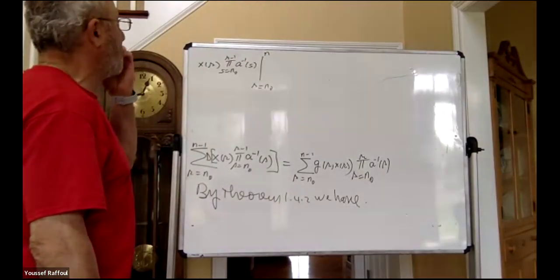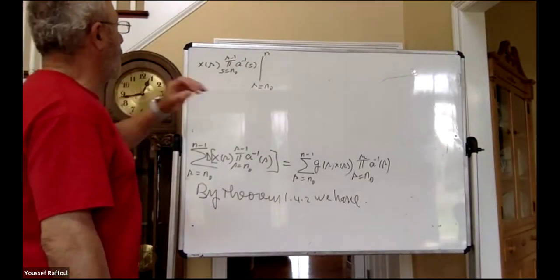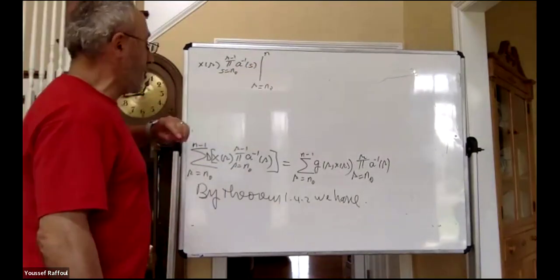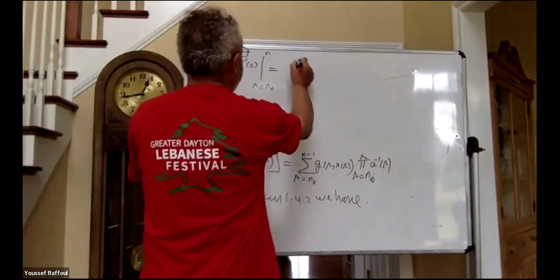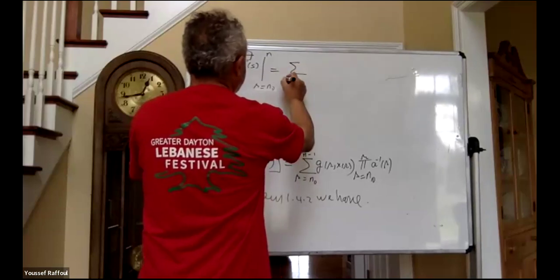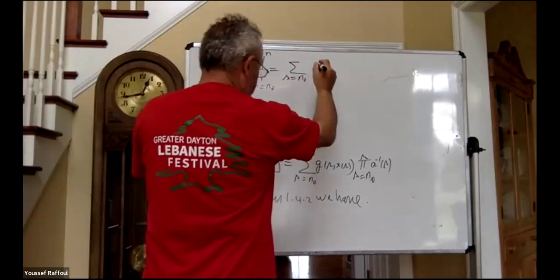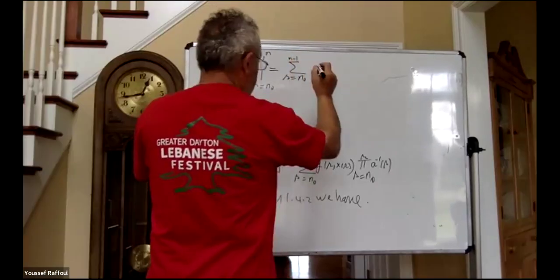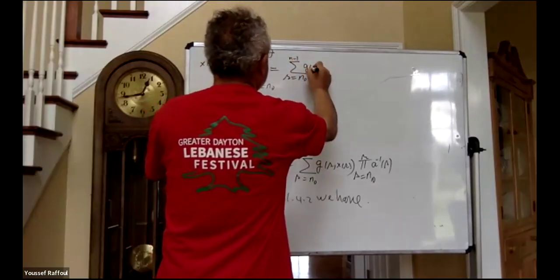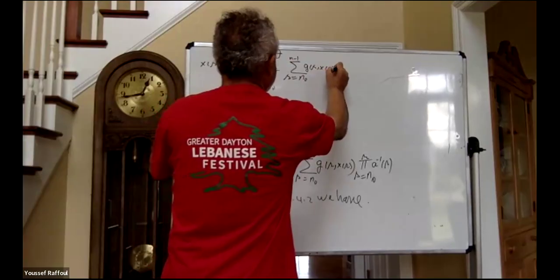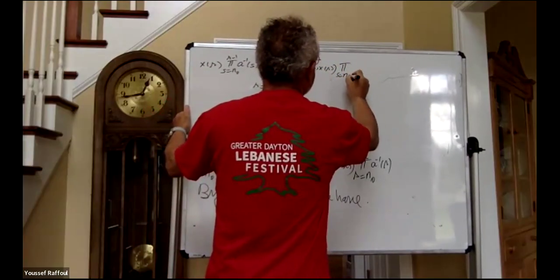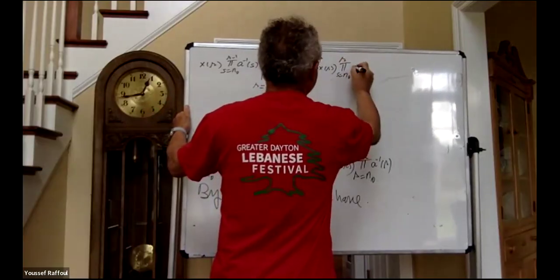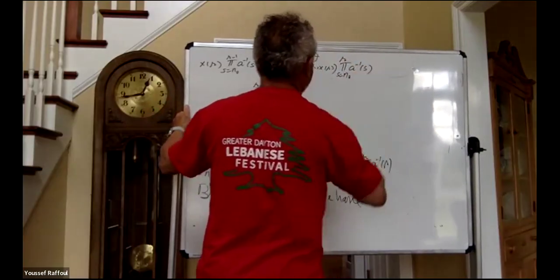And we go from r equal n0 to n, and that is equal to, there's nothing I can do with this, the sum over r from n naught to n minus 1 of g of r x of r, the product s equal n naught to r of a inverse of s.